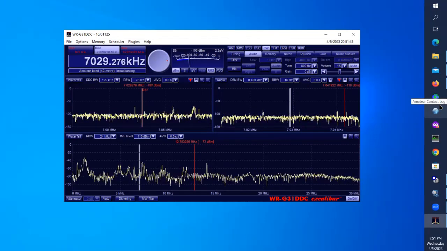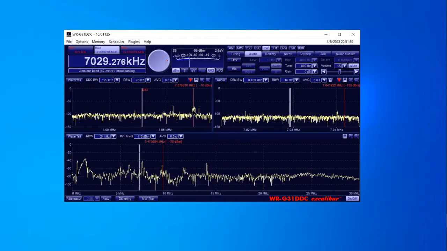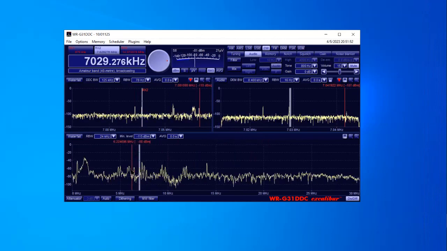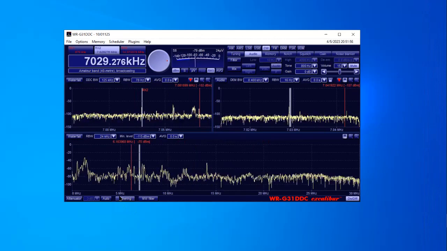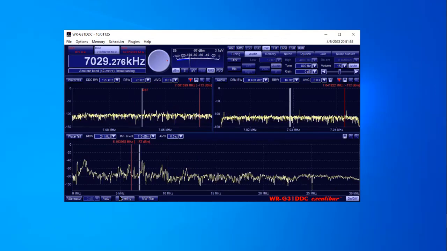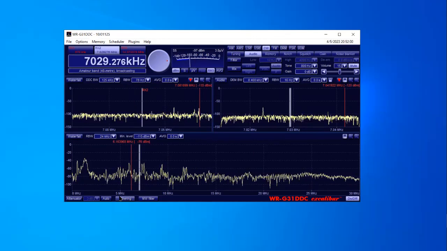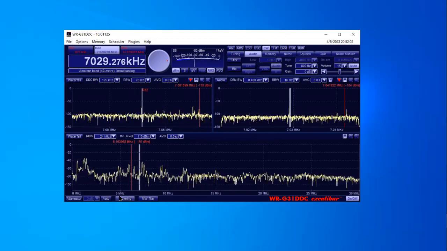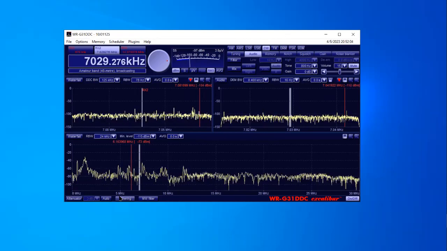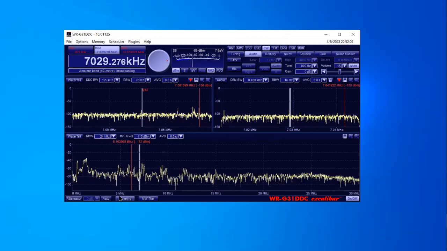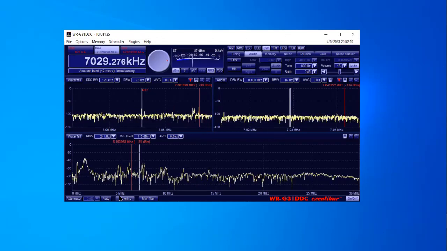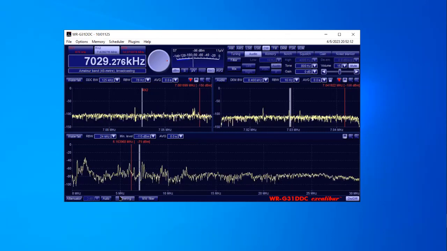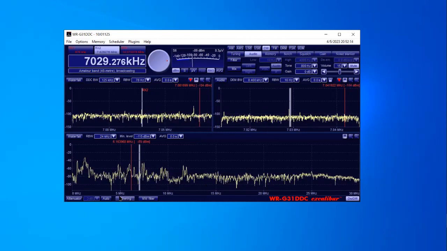Okay. That's enough for the CW. Anything else you would think we might find? Not really. One of the things that has changed since they wrote this book is that FT8 occupies about 60 to 80% of all of the QSOs.